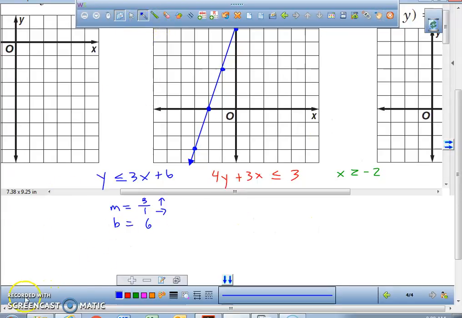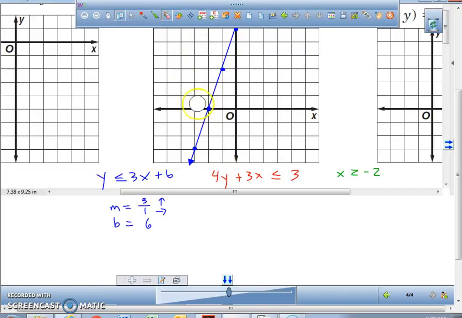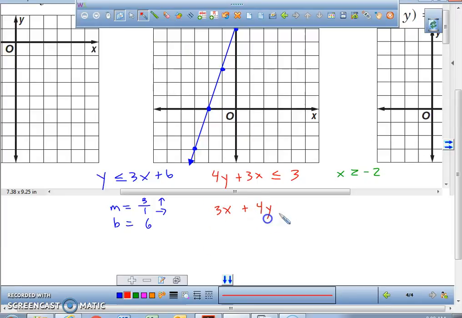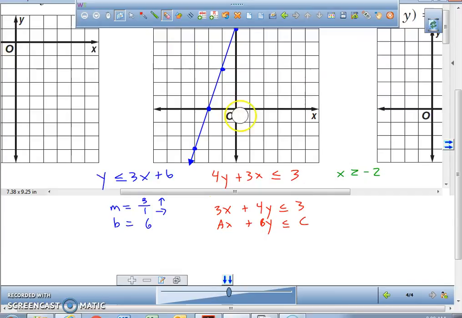What form is this technically in? If we wanted to write standard form, it would be 3x plus 4y is less than or equal to 3. Now we have it in standard form. But we're going to solve for the y value.